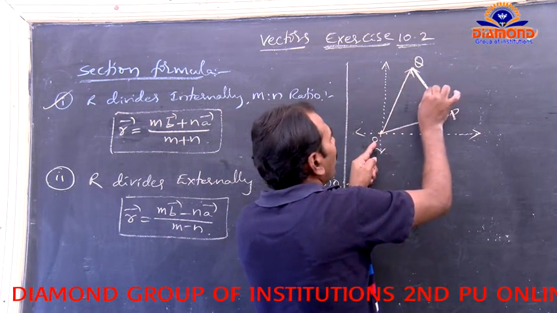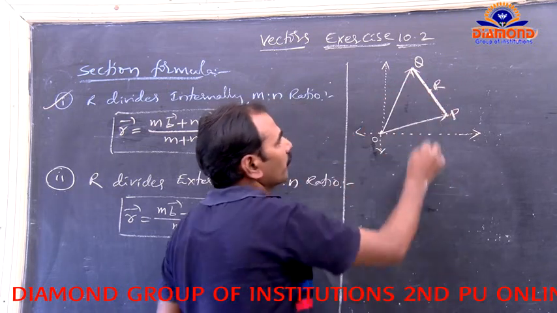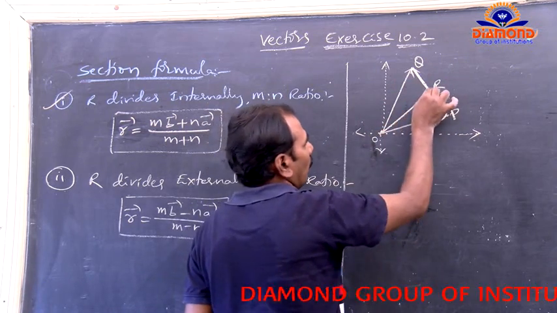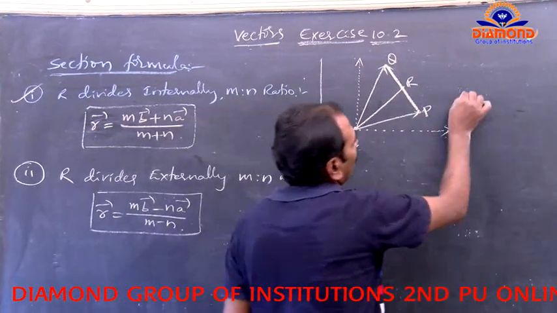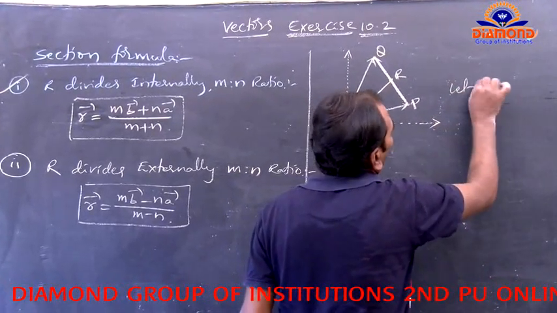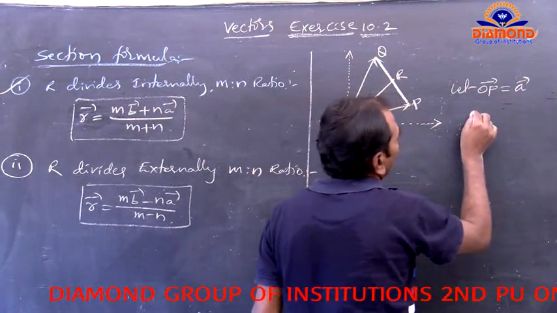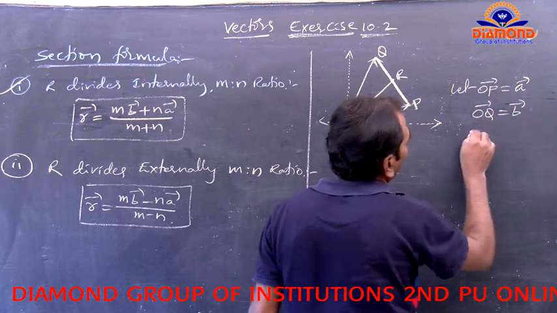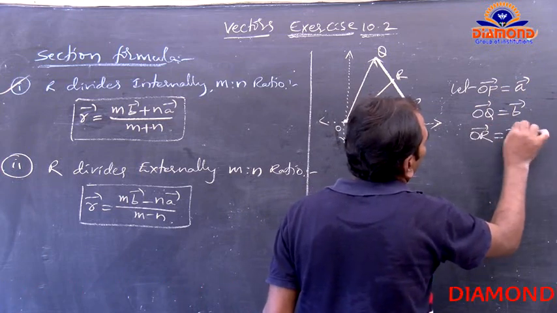R divides internally. So this is the position vector of R. Let the position vector OP bar equal A bar, OQ bar equal B bar, and OR bar equal small r.